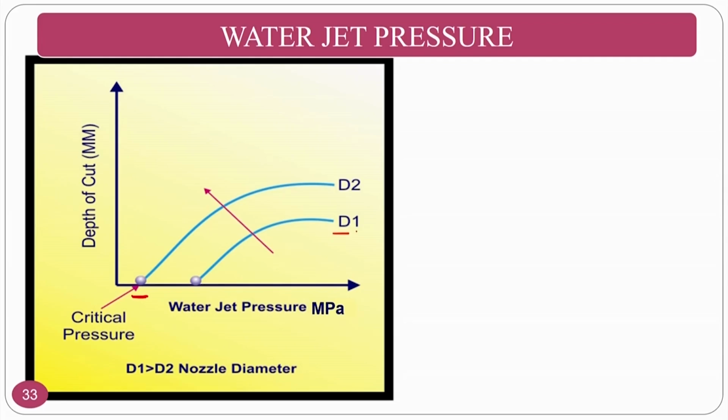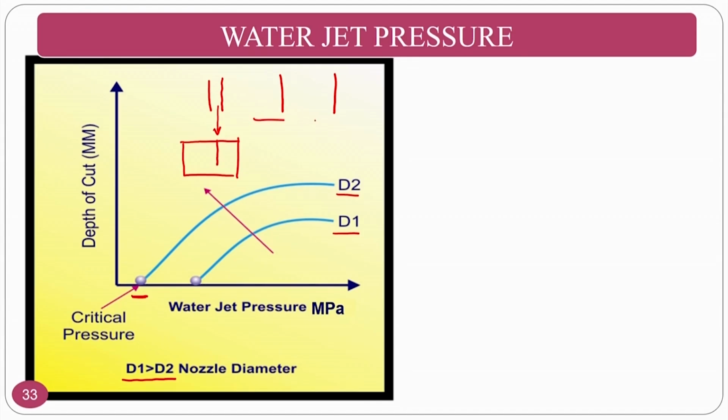Normally, if you see the D1 and D2, if D1 is more than D2, the depth of cut is more. That means if your diameter is more, the width of the cut will be increased. If this is the nozzle diameter in one case, and in another case this is the nozzle diameter, and the abrasive flow rate is the same, whatever abrasives are coming will cut the workpiece steeper, that means the depth will be steep.